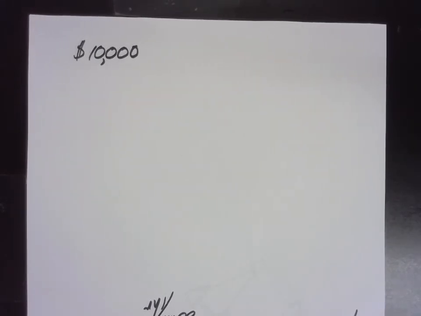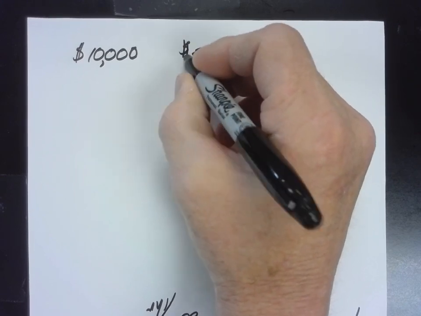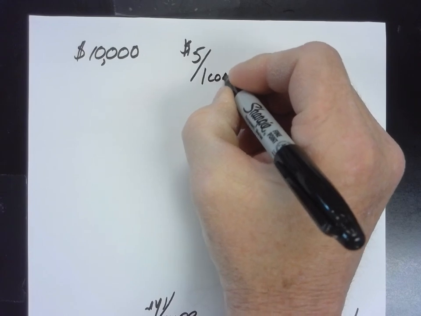And I'm going to sell, what am I going to sell? Ice cream cones? Can we sell ice cream cones? Okay, how much are we going to sell them for? $5 per cone.